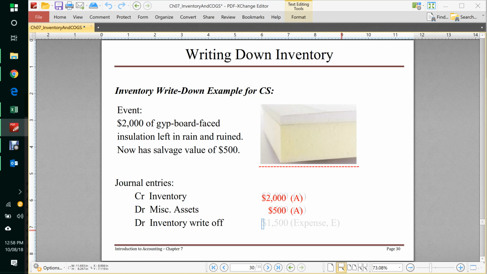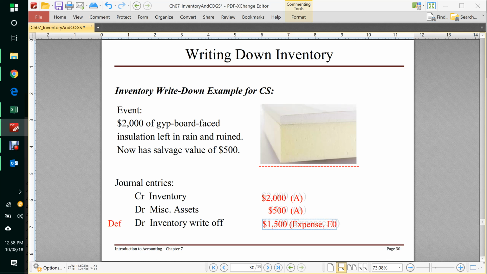Okay, and so by definition, we've seen this before with PPE. By definition, the net amount of the write-off goes to inventory write-off expense. Okay, and that's an expense.